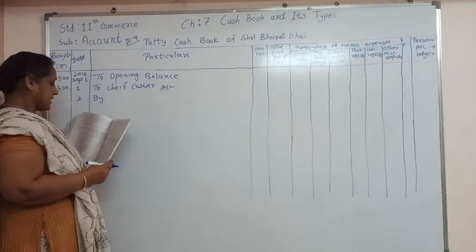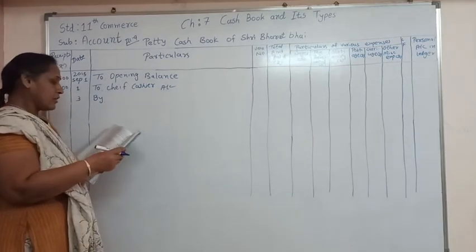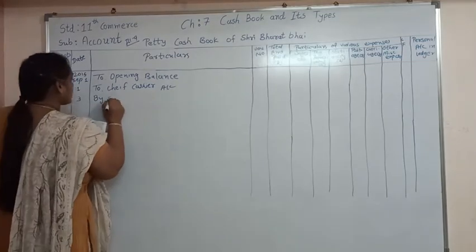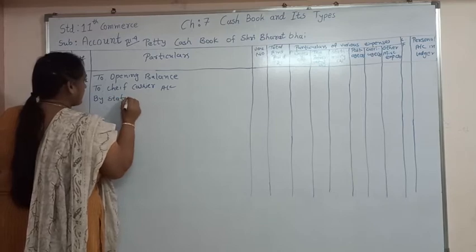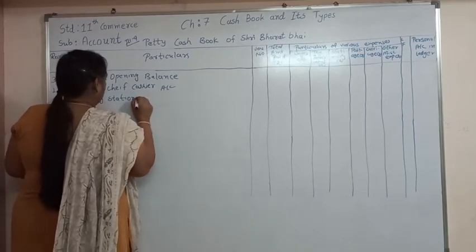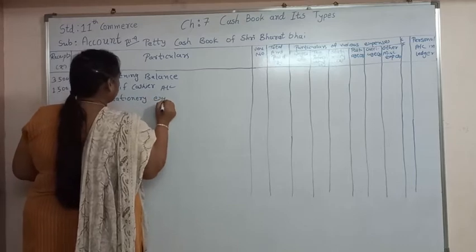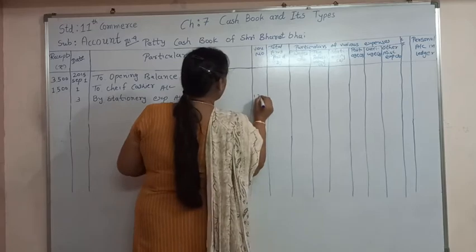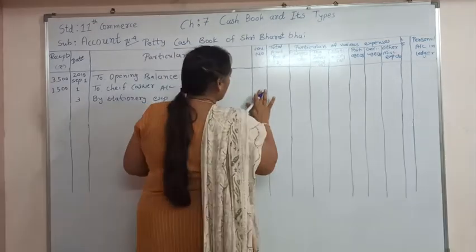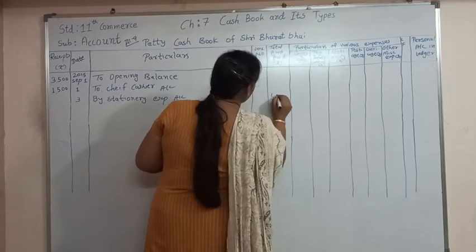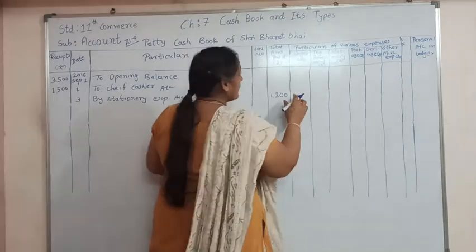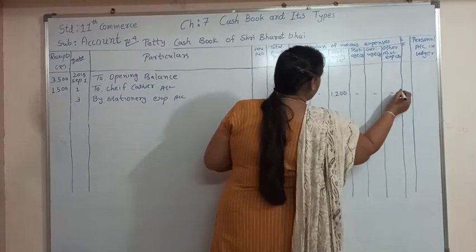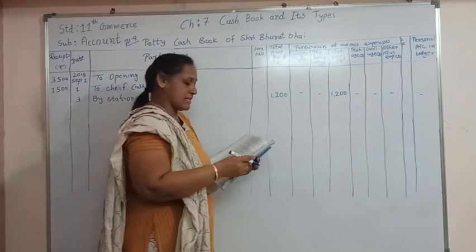So by stationery expense account, and the amount is 1,200. Here we write in the column of total 1,200, and again in the column of stationery 1,200, and in the other columns we write dash.